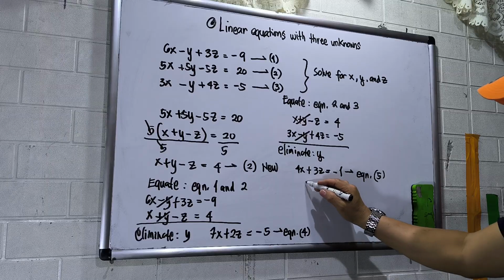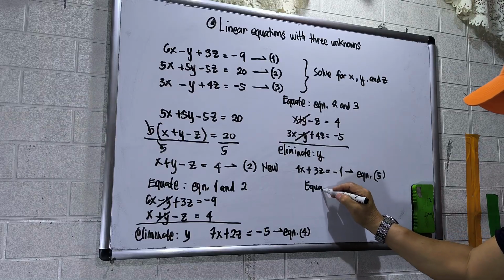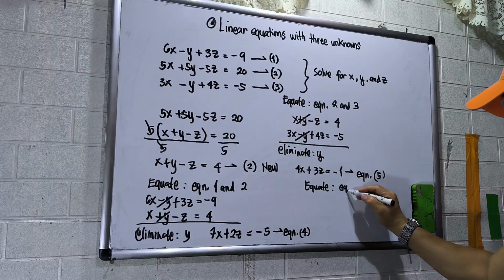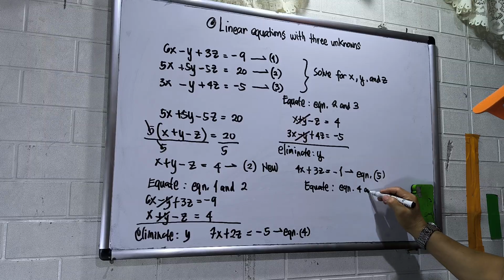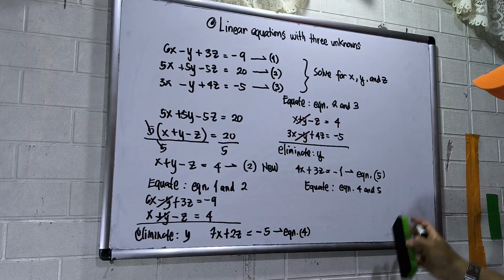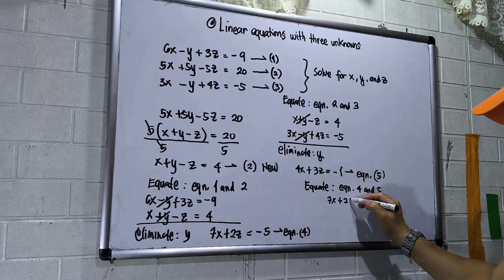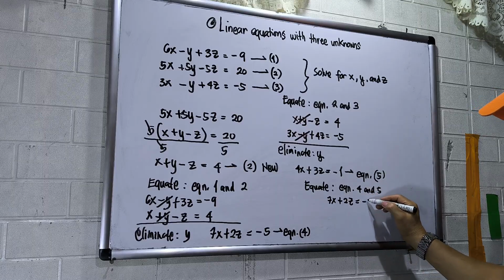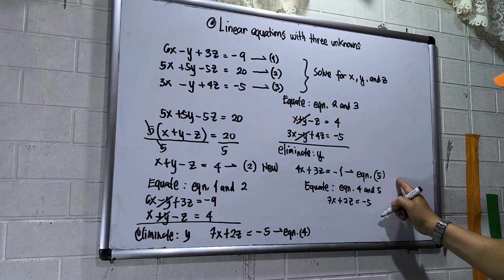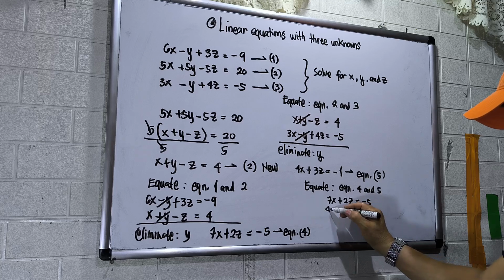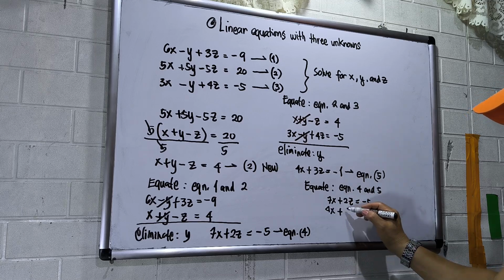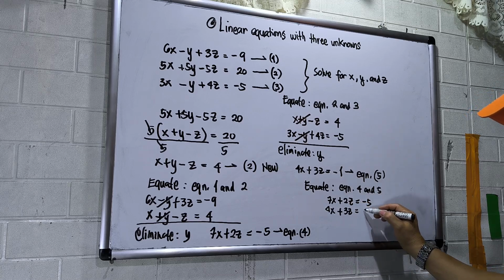So equate equation 4 and 5. Equation 4 is 7x plus 2z equals negative 5. Then my fifth equation is 4x plus 3z equals negative 1.